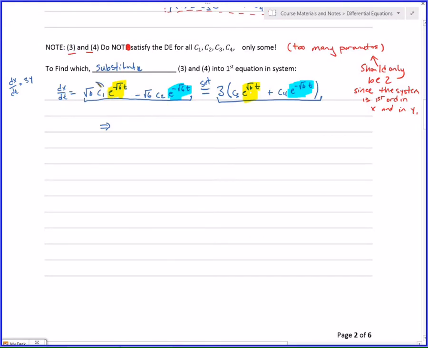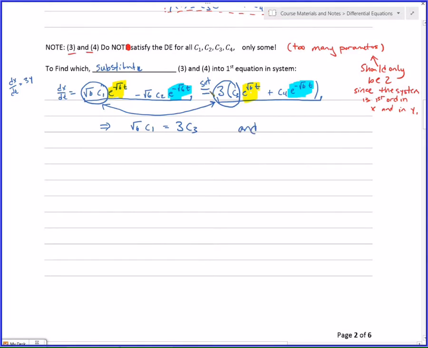So this right here has to equal this right here. Agreed? Those have to be the same coefficient. So square root of 6 C1 has to equal 3 C3.